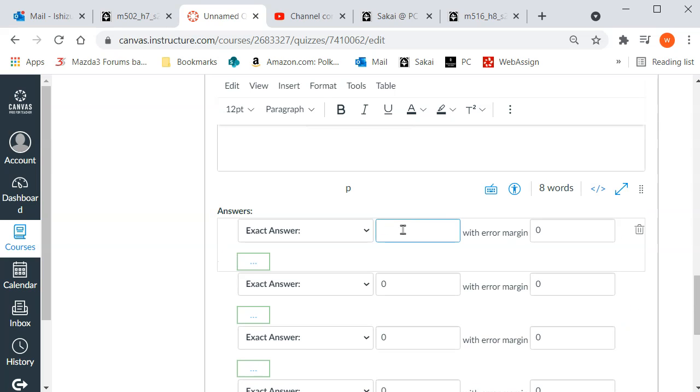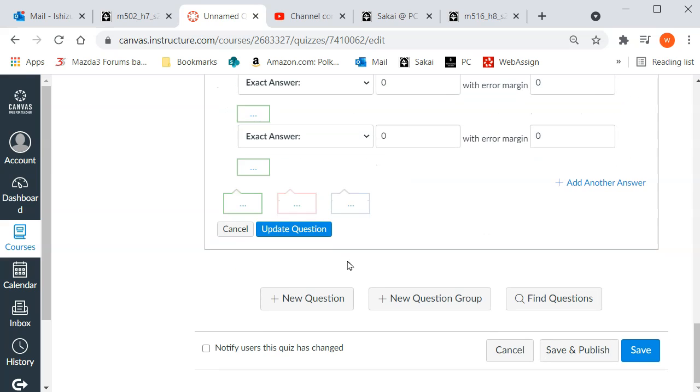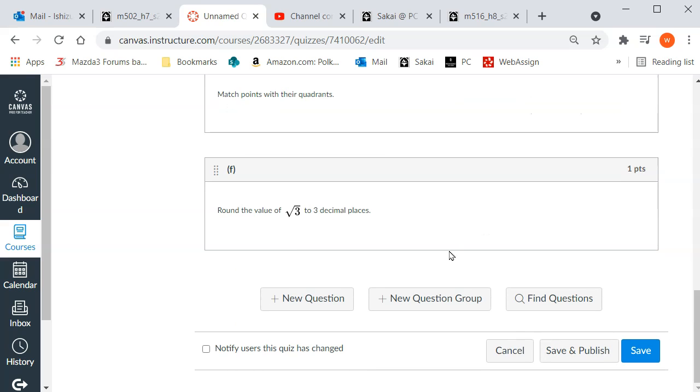And I think this value is just 1.732, right? Something like that. And if you allow it to be a little bit off, you can put the range too, say 0.05 or something like that. Then update. So we got this question, and we have to save and publish.